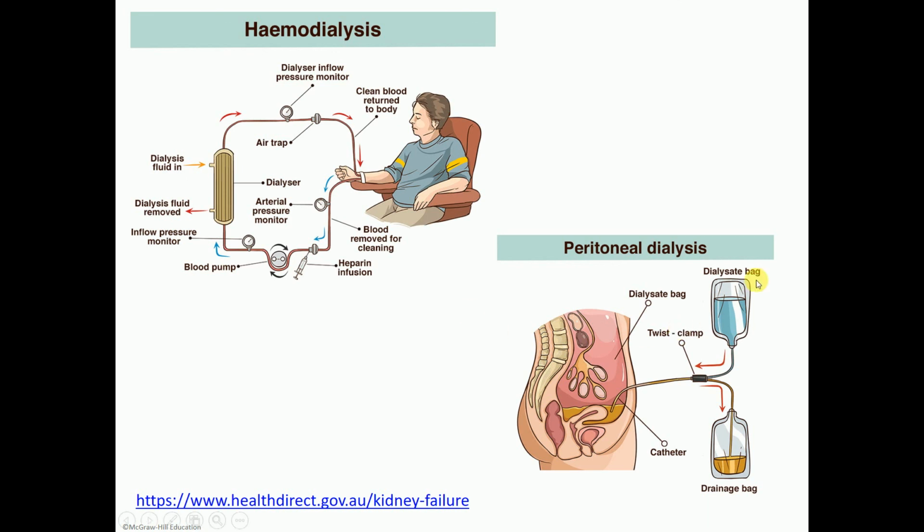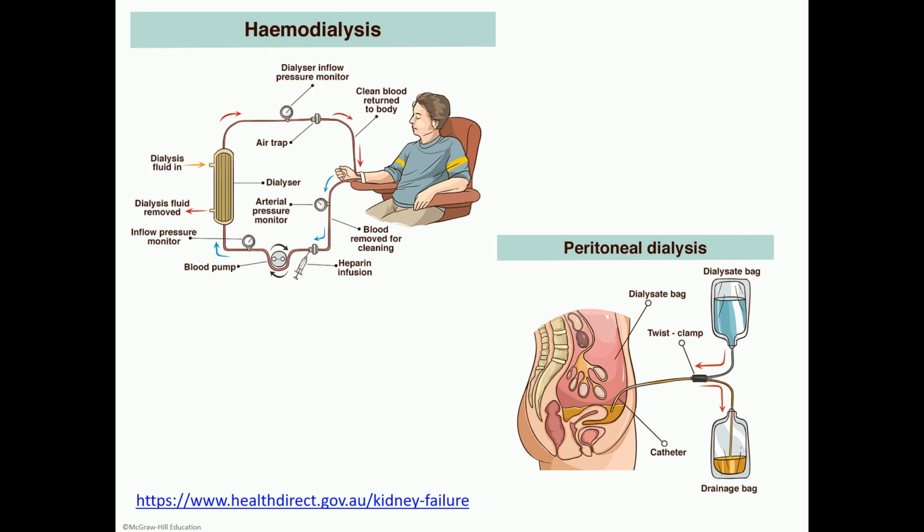So there's a more portable option known as peritoneal dialysis, where the dialysis fluid is inserted into the peritoneal cavity, and the peritoneal membrane acts as the filter. The patient would be hooked up to a drainage bag in order to drain the now dialysis fluid that has all of the waste products.